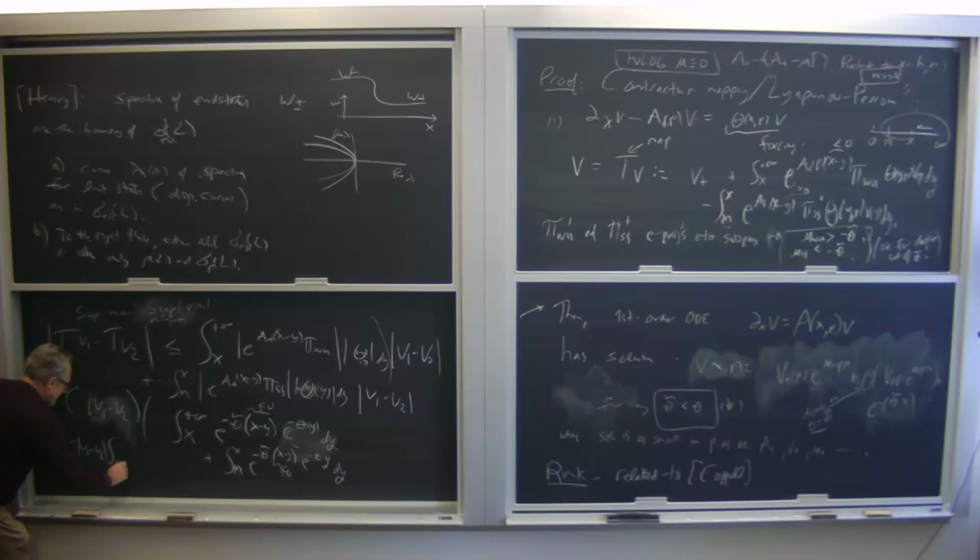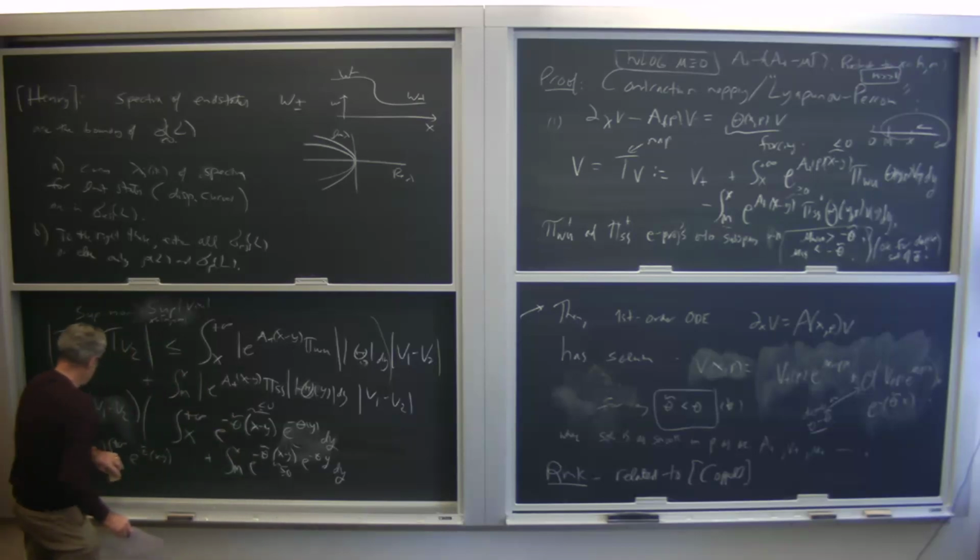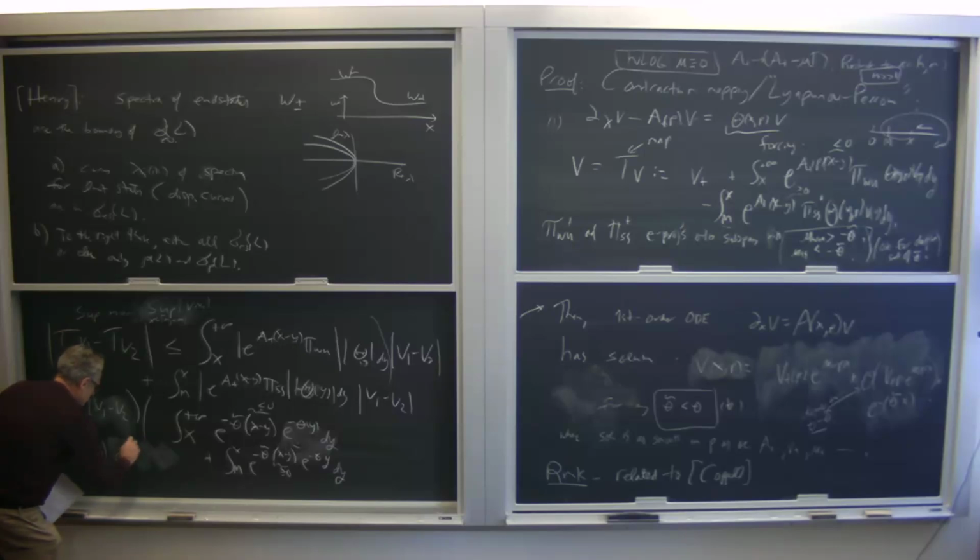So it's just the integral from m to plus infinity of e to the minus theta tilde (x minus y). Actually, let me pull out the x part, the part not in the integral.